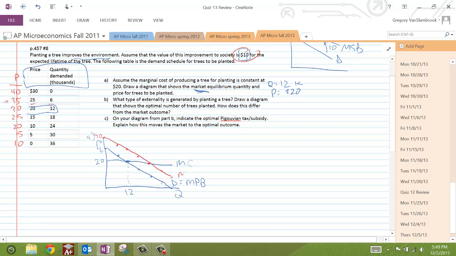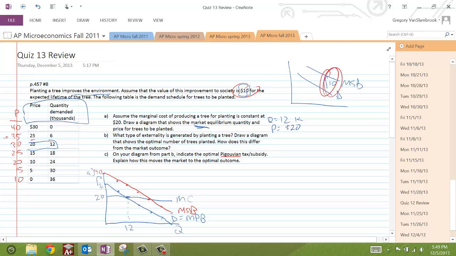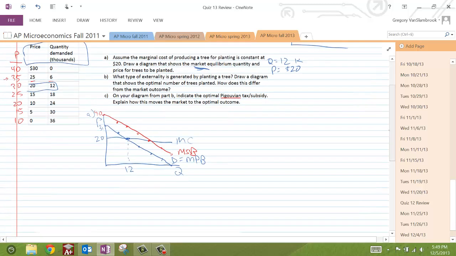There's our marginal social benefit curve, which is, just like we showed in this real rough sketch I did at first, $10 above the private demand curve. The marginal social benefit curve is $10, the amount of the externality, above our marginal private benefit curve. And the intersection at marginal cost of $20 happens at a quantity of 24. So the optimal quantity, Q optimal, is equal to 24,000 trees.